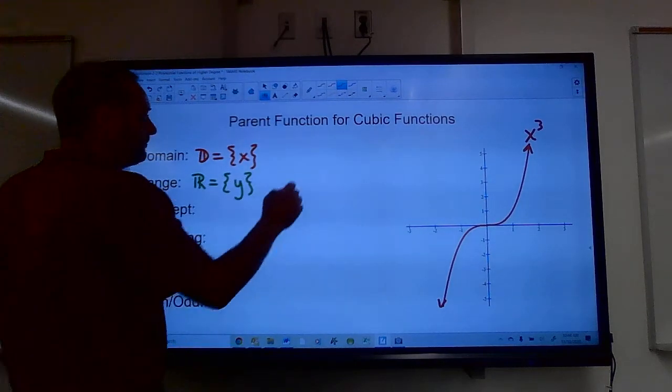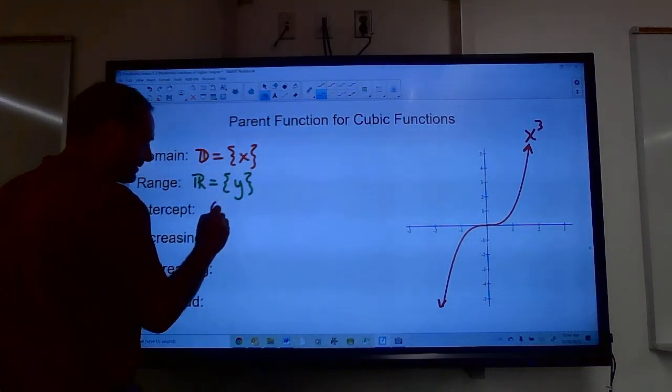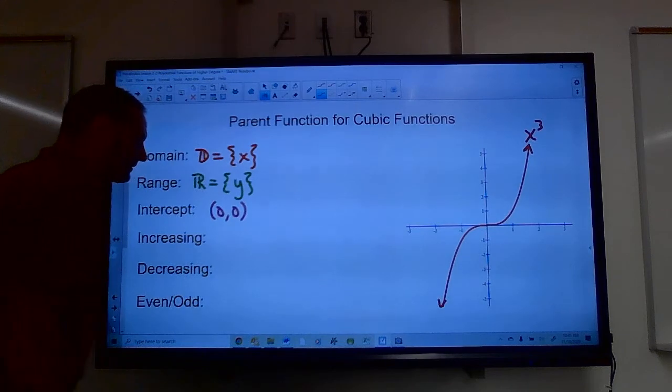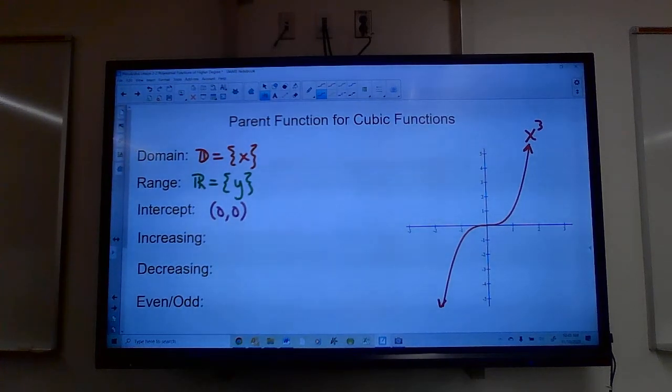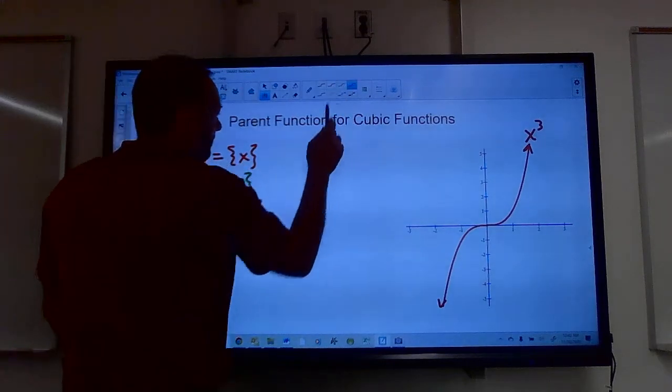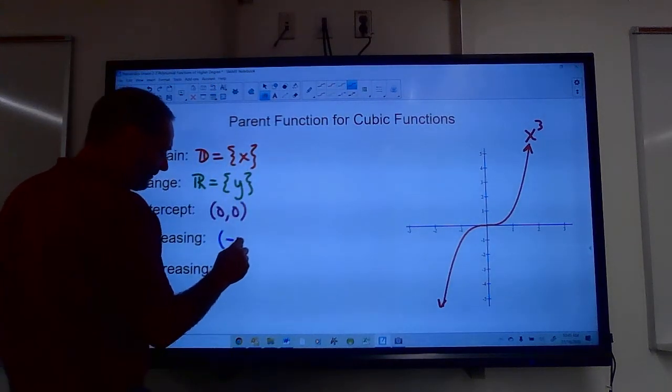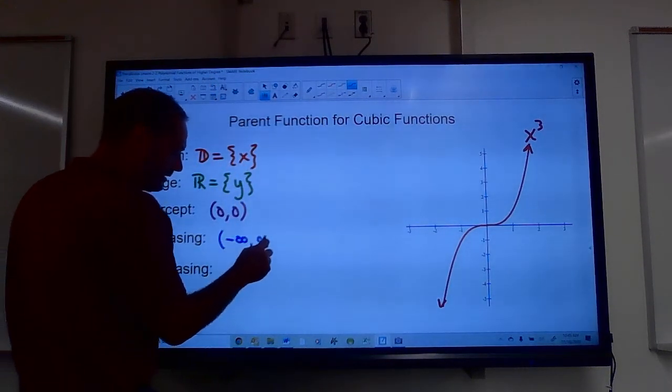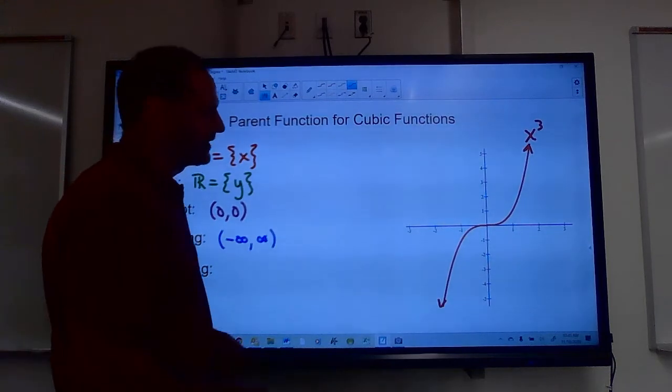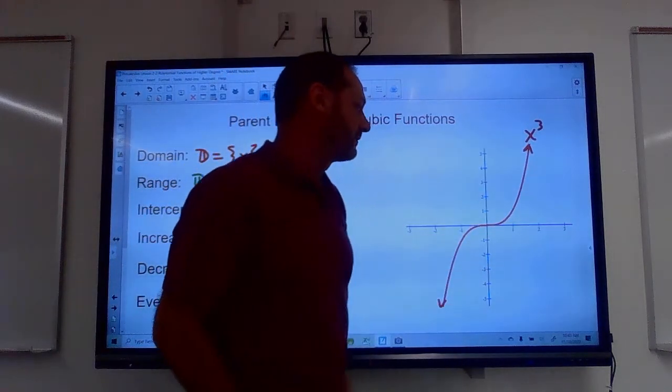It has an intercept at 0, 0. That's both the x and the y intercept. It is increasing on the interval negative infinity to positive infinity. This thing is always increasing.